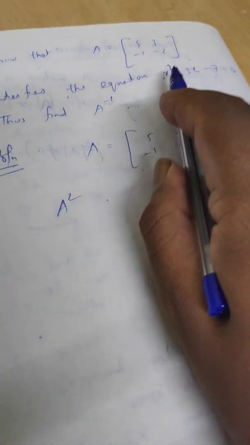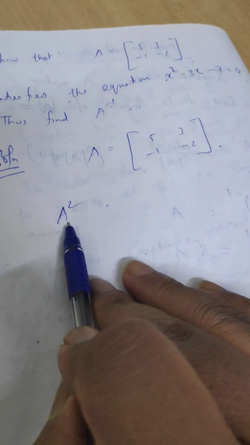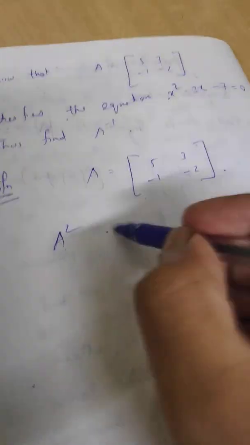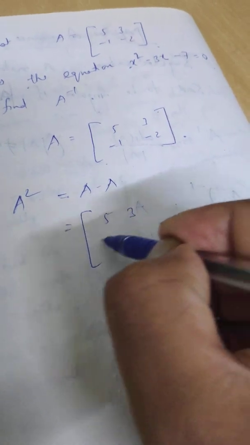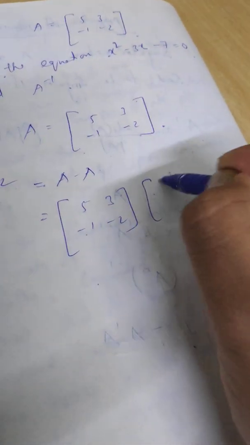Solution: A equal to 5, 3, minus 1, minus 2 satisfies the equation. X square means you have to find A square. Now A square means A into A: 5, 3, minus 1, minus 2 again 5, 3, minus 1, minus 2.